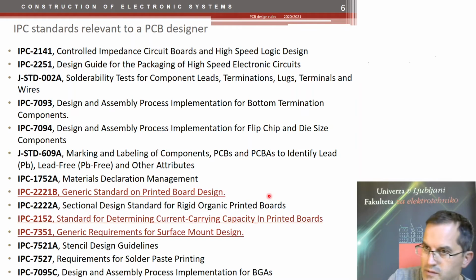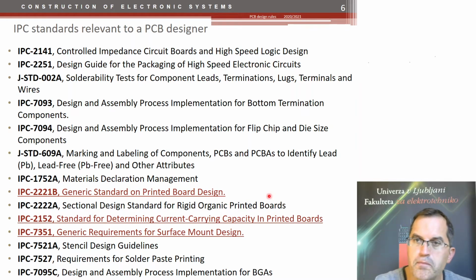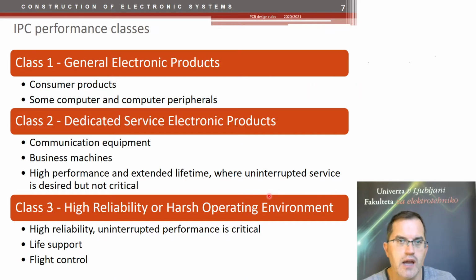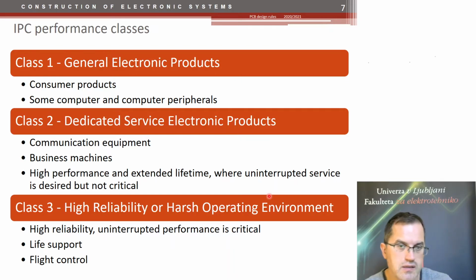So a few things from this standard, the 2221B. It defines 3 IPC performance classes. What does that mean? Well, you actually can ask yourself, what is the target application of my device I'm developing?